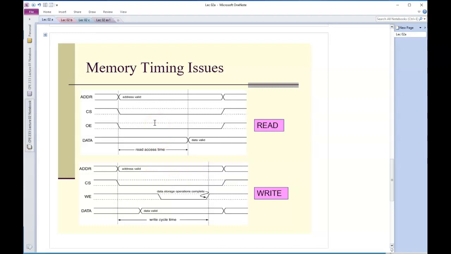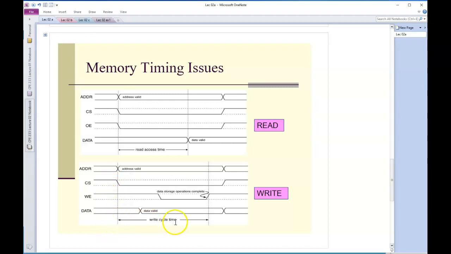It takes some time. Similar with a write operation, except for writing I have to give it some data. So once again I give it an address, give it some data, and tweak the control lines. It's going to take time to write this into memory.